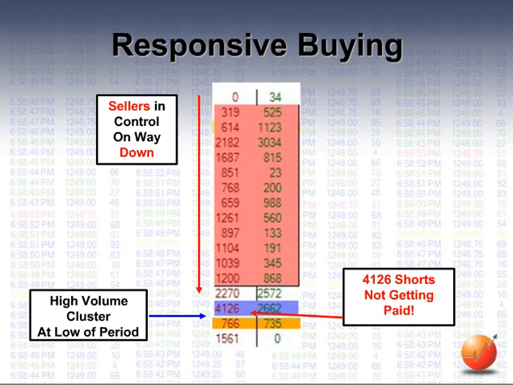Now yesterday there was a good question asked. How do we know if somebody is physically going short or if they're selling to get out of a long position? Well, we don't. And we don't have any way of knowing that other than the fact that this trade was executed at the bid price, which tells us intent. Okay, so they very well may be getting out of a long at market, but it would stand to reason that if they were in profitable longs, they would probably be trying to carry them as long as possible.